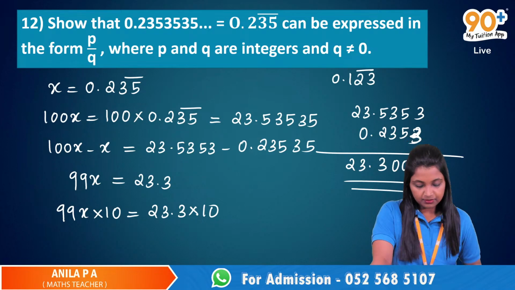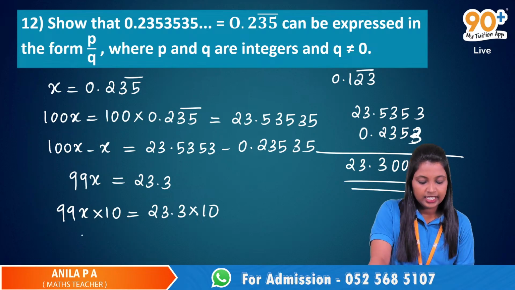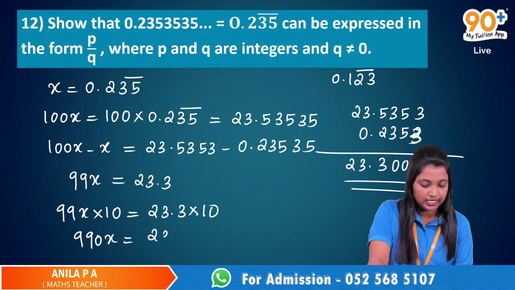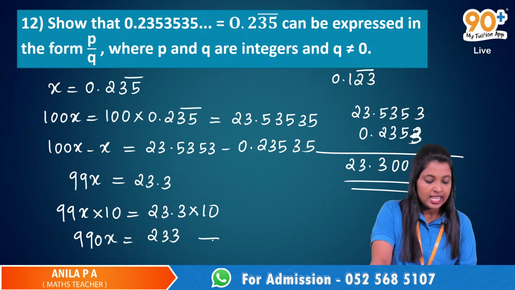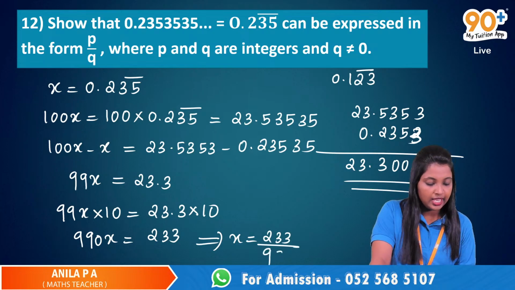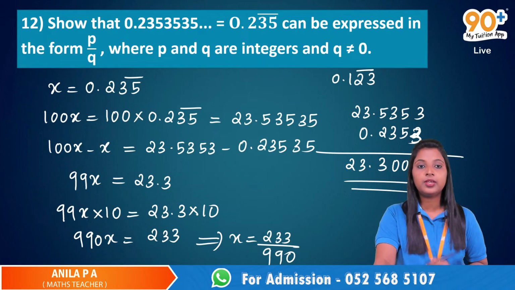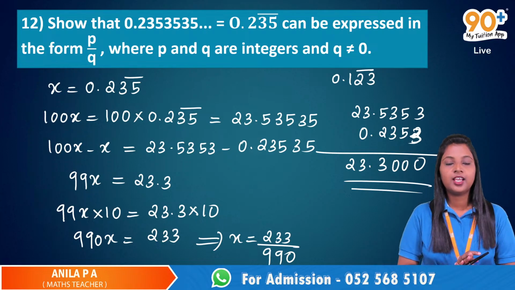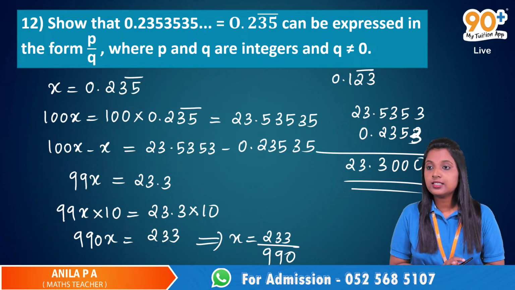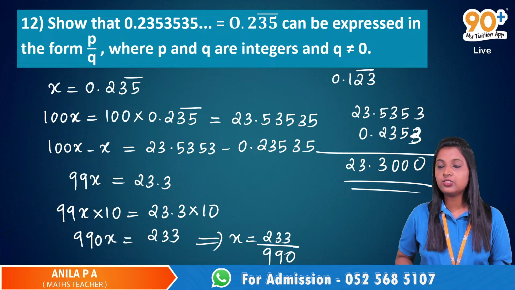We get 990x is equal to 233, or we can say that x is equal to 233 divided by 990. Yeah, that's it. Very good. Mohammed Zuhair has some doubts. Yes, Zuhair.